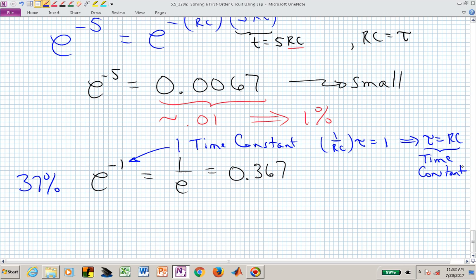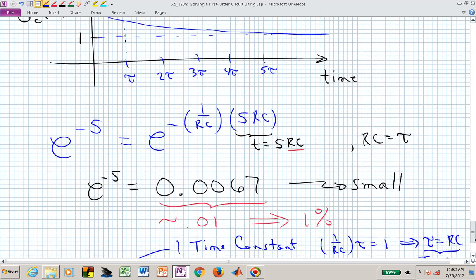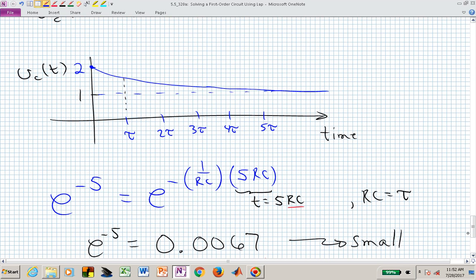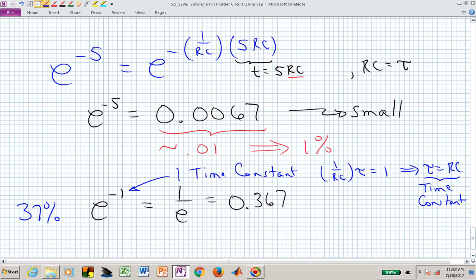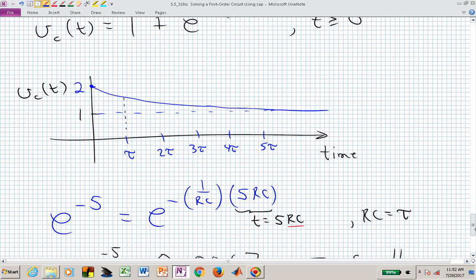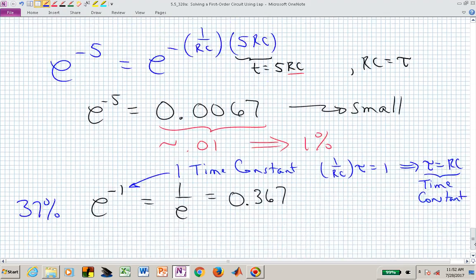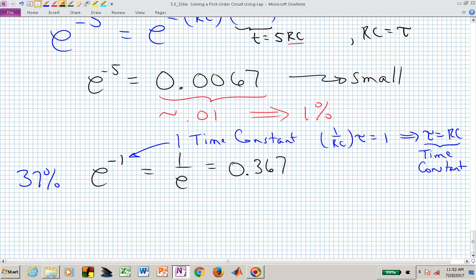And we can talk now in terms of time constants. One time constant into this evolution of the response, and we are 37% of the distance between 2 and 1 in reaching our destination, or our final value of 1. In two time constants, which would be e to the minus 2, that's when t is equal to 2RC.